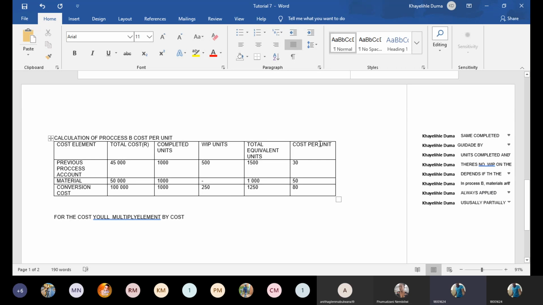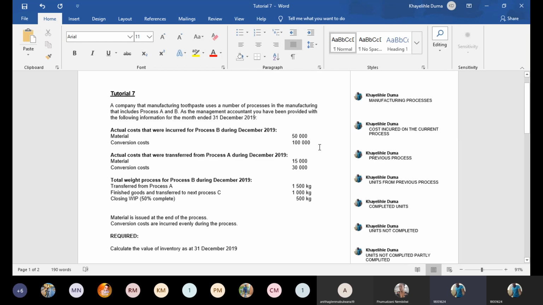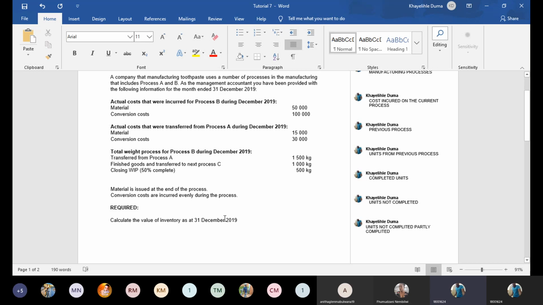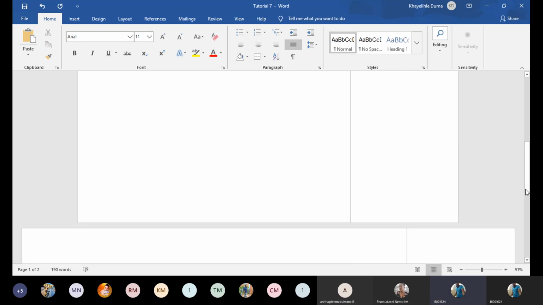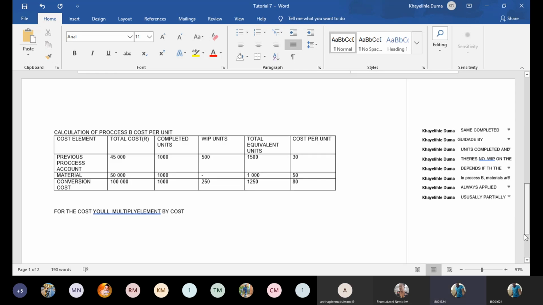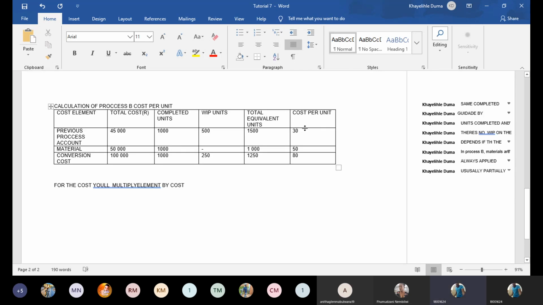So the information was saying to calculate the value of inventory as at 31 December 2019. So now you know that cost per unit, it's 30 for previous, and then you can simply add this 1, 2, 3.